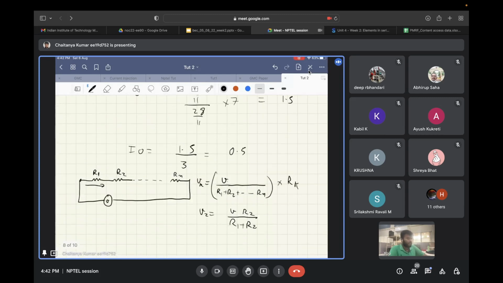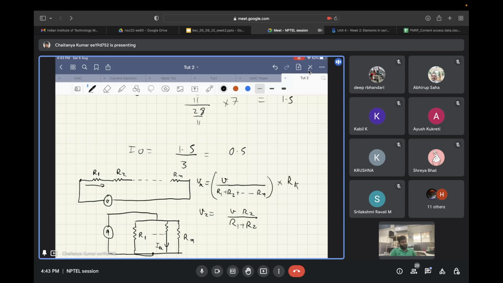Now a similar concept can be applied for the current divider also. I will encourage you to derive it. If you have R1 till Rn, these many resistors in parallel with a current source flowing through them, you need to find the value of the kth current.